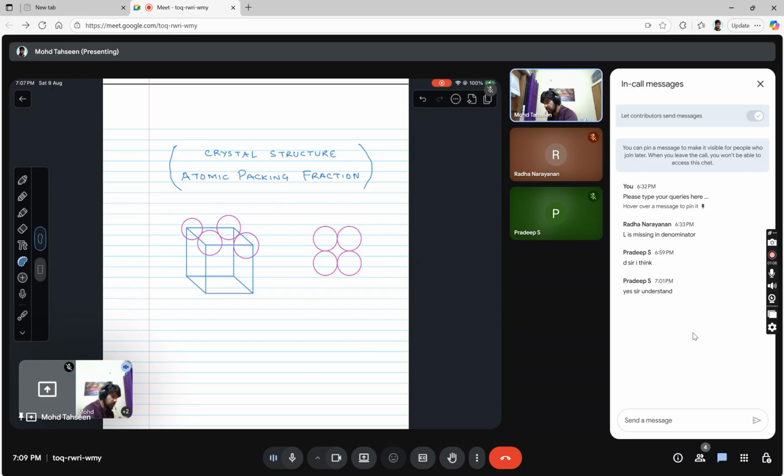So this kind of an arrangement, and similarly there are atoms here at these four positions as well. Now this is called a simple cubic packing.